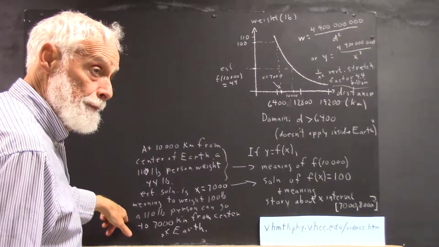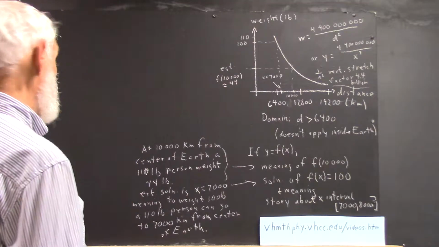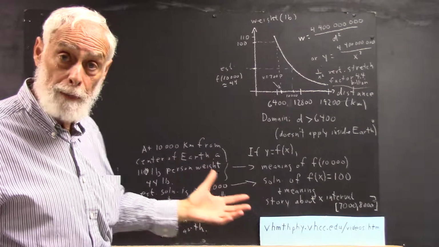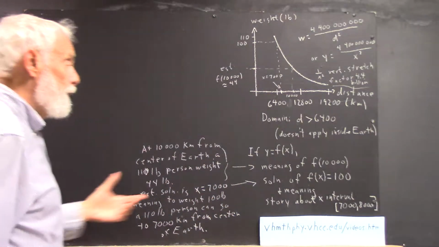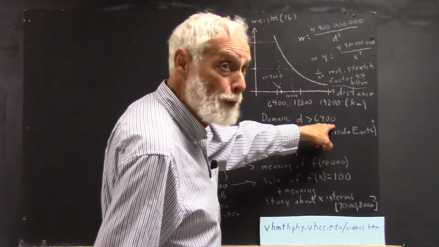Okay? And we could even extend that, you know, what's that mean? 7,000 kilometers from the center of the earth? Well, I told you that 6,400 kilometers is the radius of the earth.